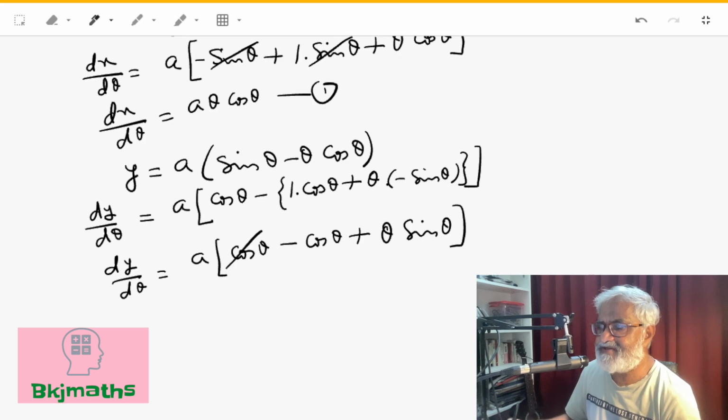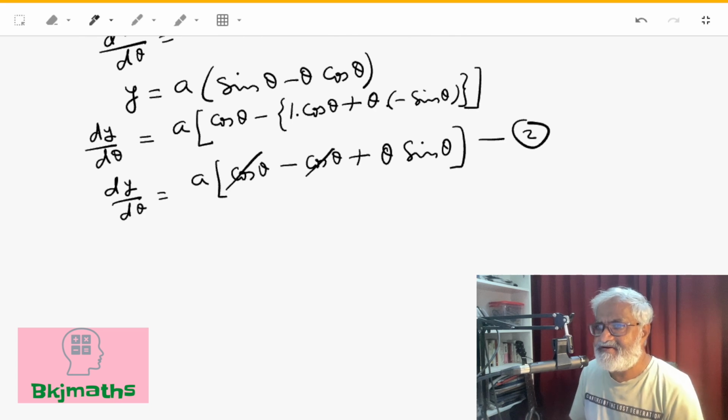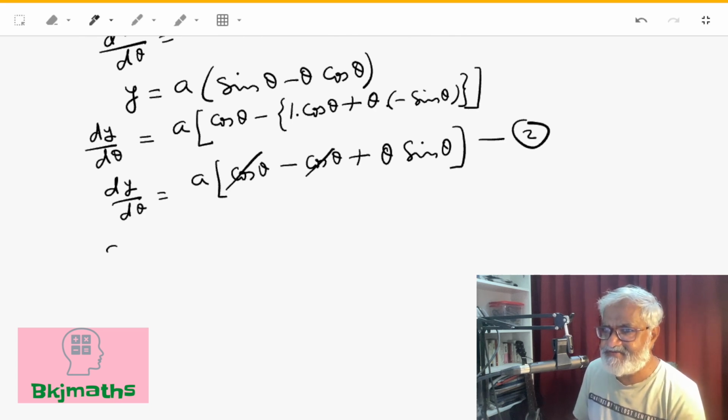Cos theta plus and cos theta minus cancel. Now put in the formula dy by dx equals dy by d theta upon dx by d theta.